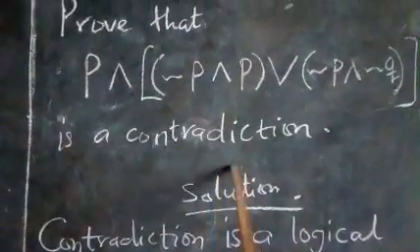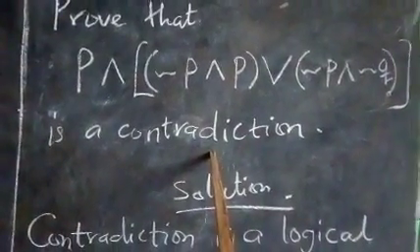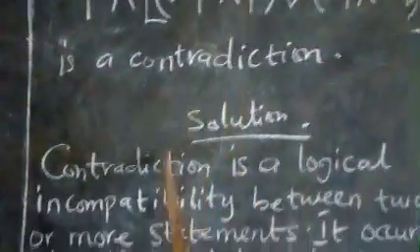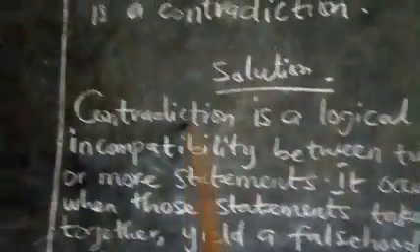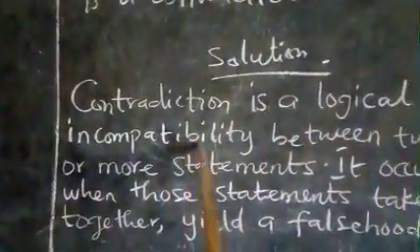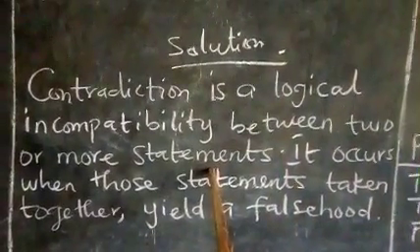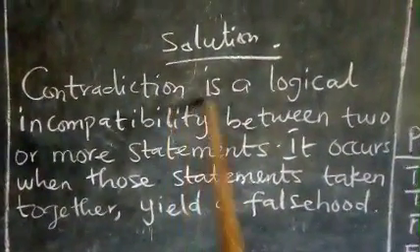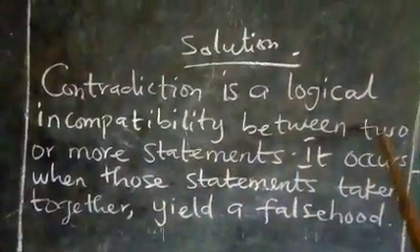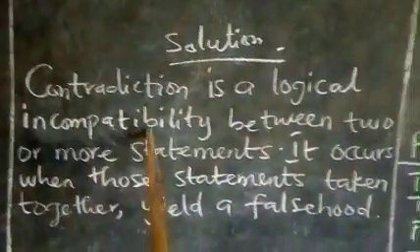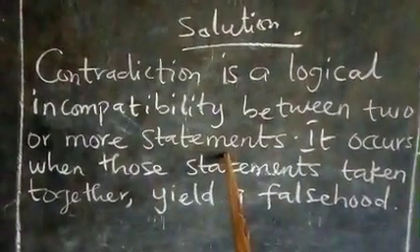Firstly, let us look at the meaning of contradiction according to logic. By definition, contradiction is a logical incompatibility between two or more statements.